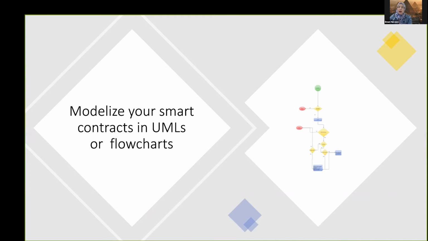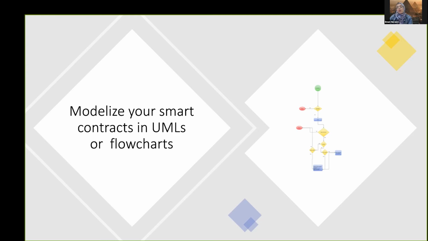This I learned from Corey, one of my mentors: to model your smart contract in UML or a flowchart. That will help you understand the business very well. It helps the team in general to trace the conditions that we need to check. Also, if you are targeting an audit service, it will help them be on the same page with you to understand the flow of your contract.